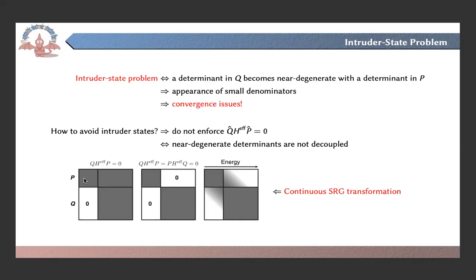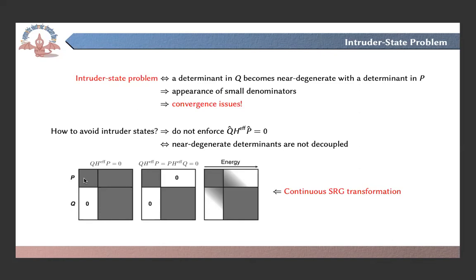And if so, you have the appearance of small denominators, because you have lots of terms which are one over a difference in energy. You're going to have convergence issues, because you have 1 over a small number, and you're going to get lots of trouble.